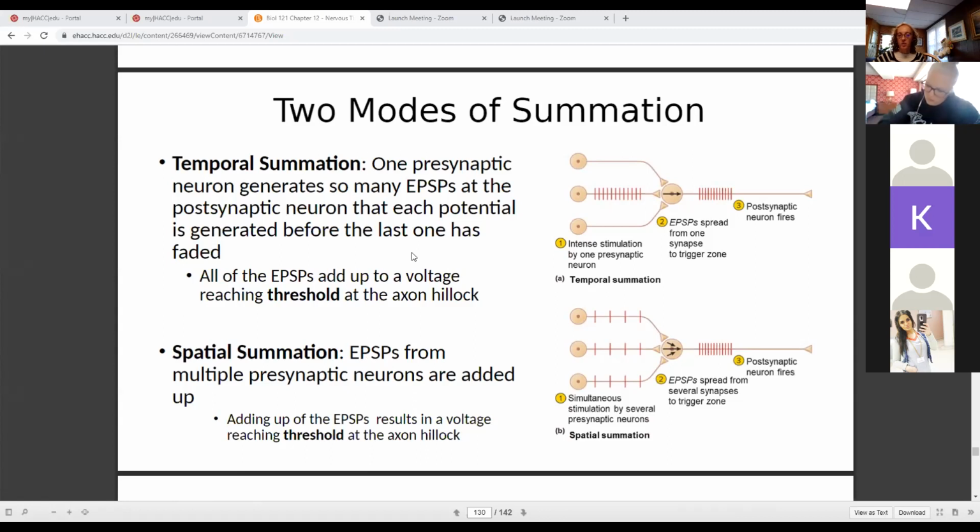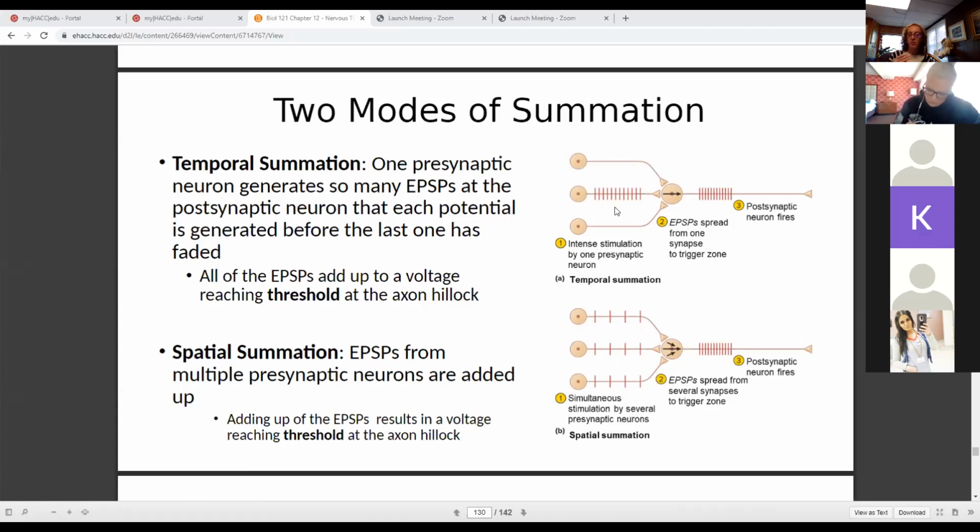Temporal summation is when one presynaptic neuron is going to generate so many excitatory postsynaptic potentials that each potential comes in before the last one has faded. Remember, postsynaptic potentials are local potentials.